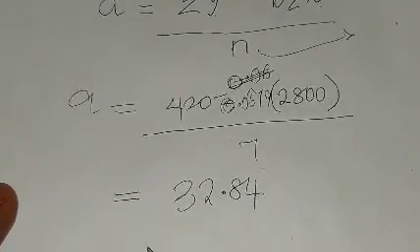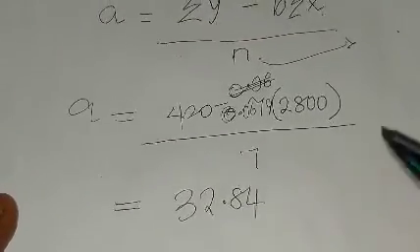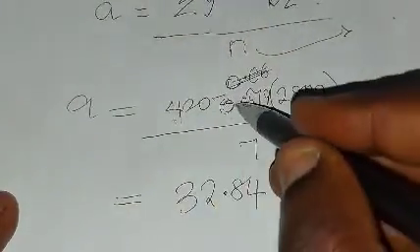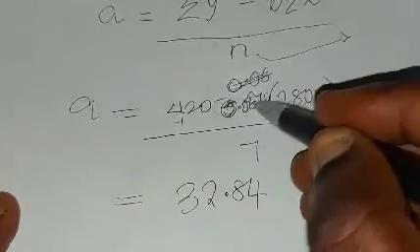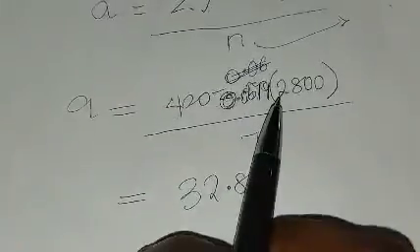So our a is 32.84. Don't forget this is the value of a, and this is the value of b, 0.0679. The value of b that we've obtained will be substituted in that formula.